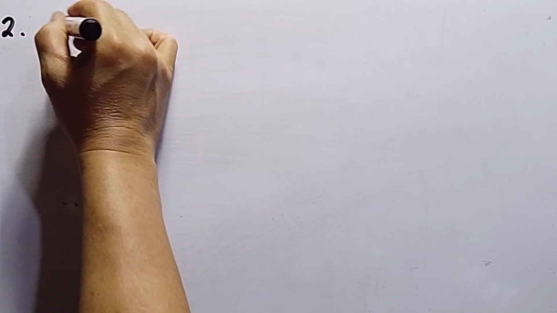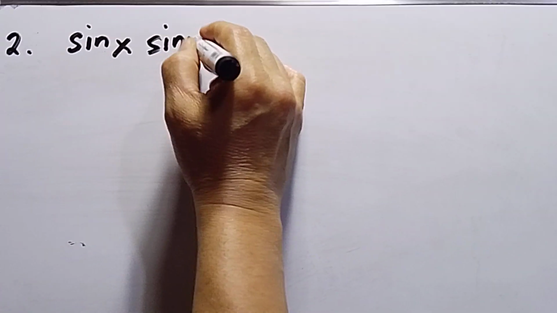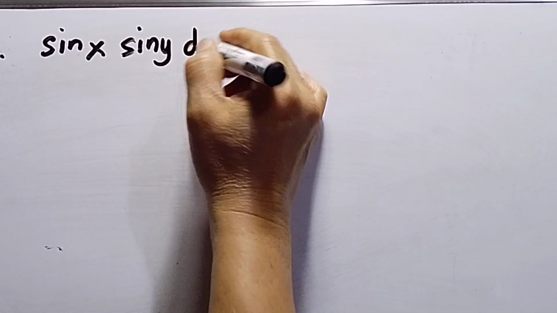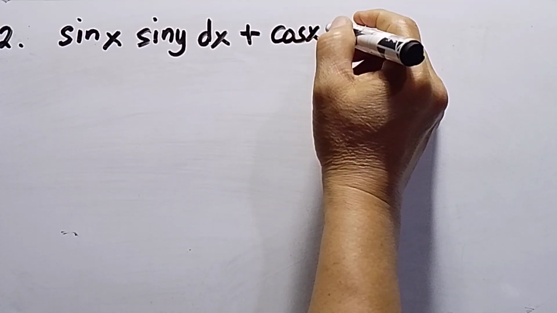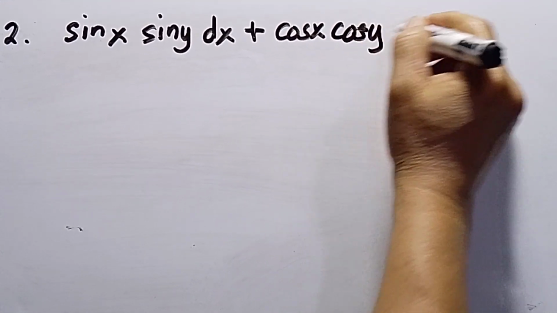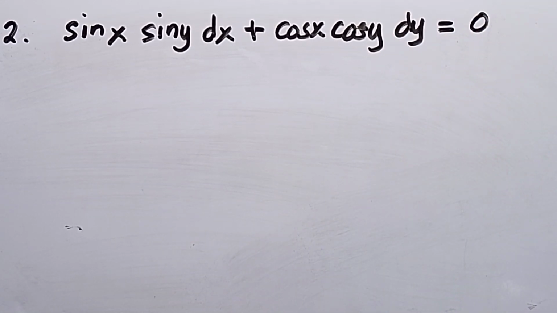Number 2 is sine x sine y dx plus cosine x cosine y dy is equal to 0.